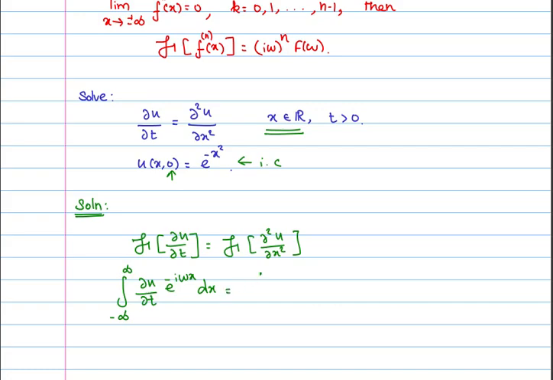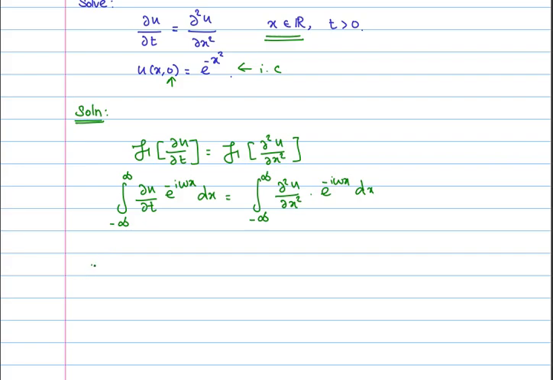My right hand side is the integral from minus infinity to plus infinity of d square u by dx square times exponential of minus i omega x dx. Looking at my left hand side, the derivative depends on t, but the integration depends on x. So I can take the derivative outside.